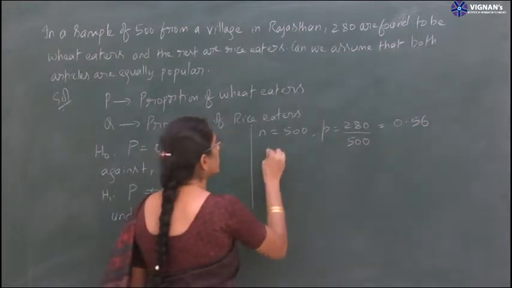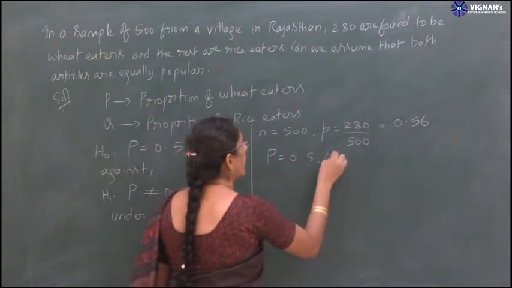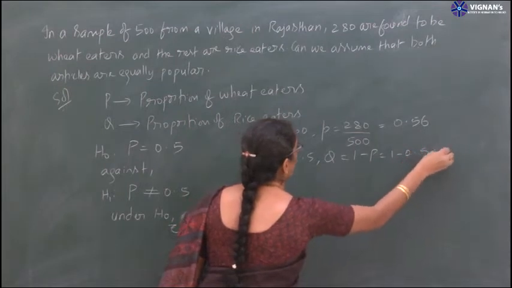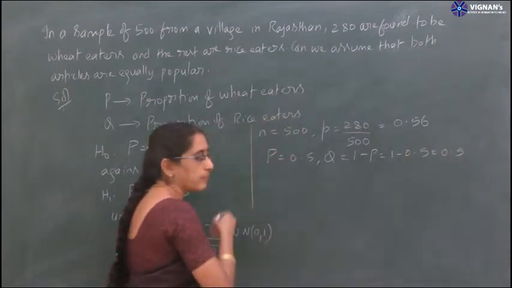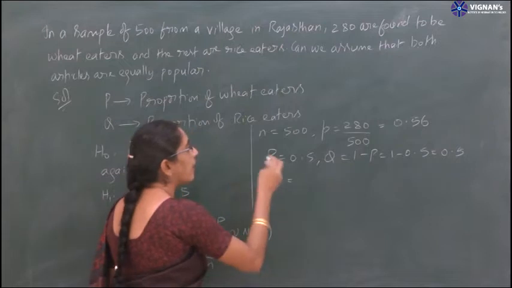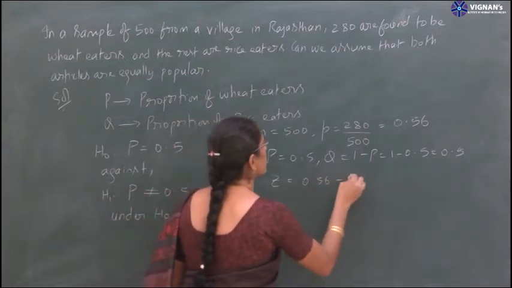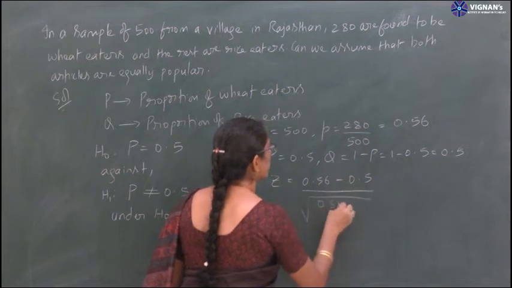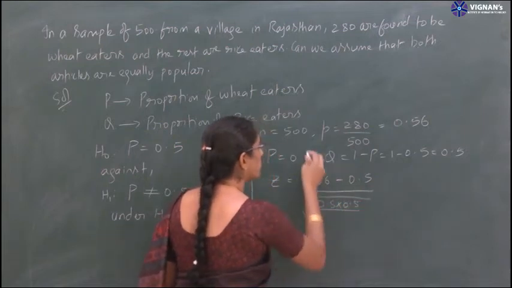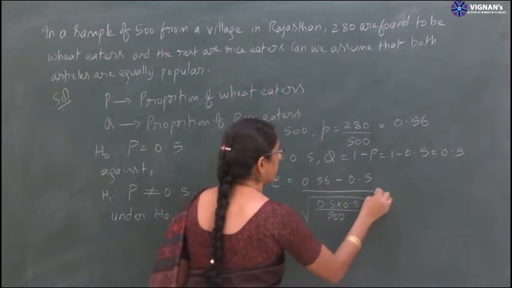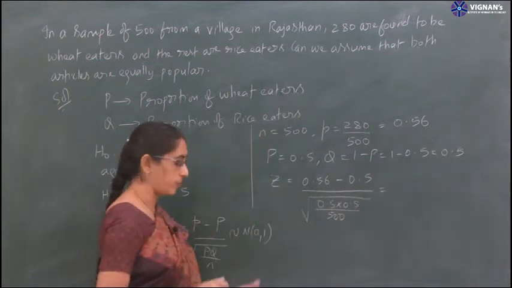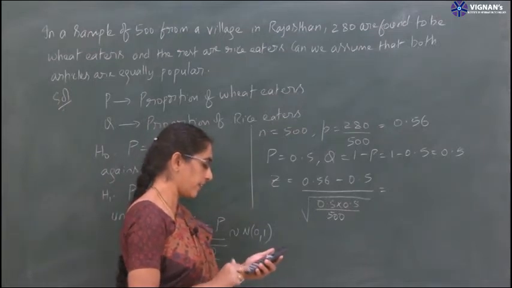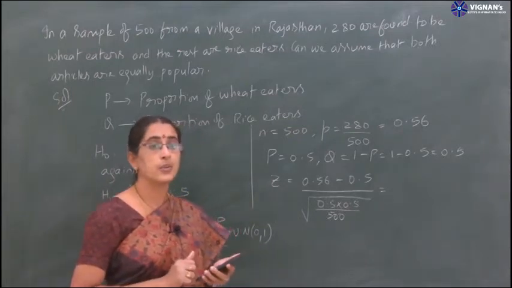Okay, and we know that capital P is 0.5 and capital Q is nothing but 1 minus P, so 1 minus 0.5 is 0.5 only. Now substitute in the Z formula: 0.56 minus 0.5 by square root of 0.5 into 0.5 by N, where N is 500. First we simplify the denominator. 0.5 into 0.5 divided by 500 is 0.0005.